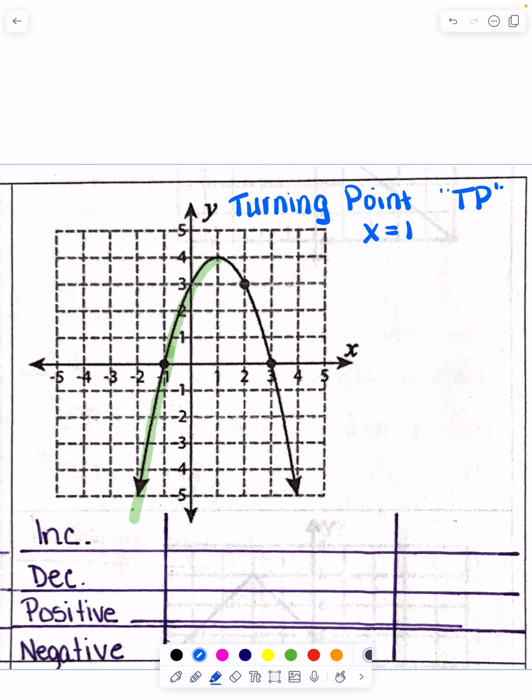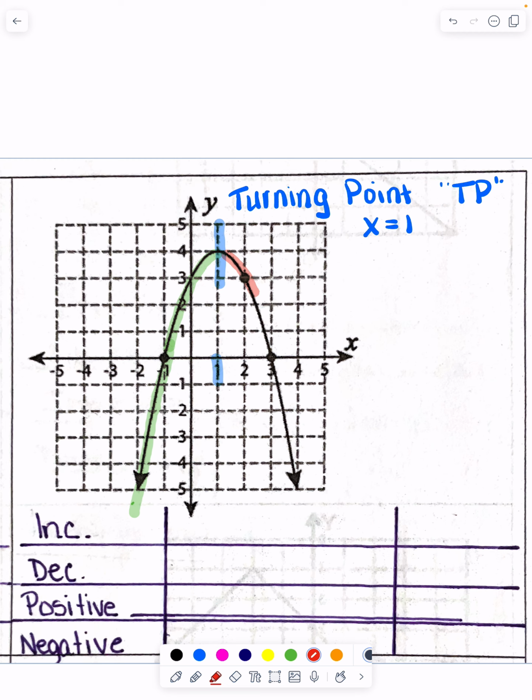Right there, it stops and it turns around. That is called a turning point. That turning point is where x equals 1. Okay, that's going to be important to us on this one. We're not looking at the y values today, just the x values. After the turning point happens, the graph decides to start decreasing. And it's going to keep decreasing the further right that it goes.